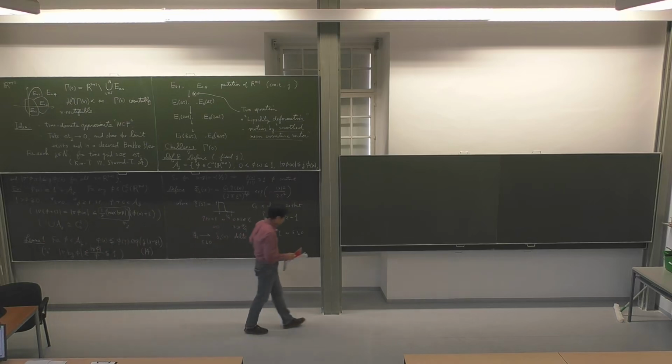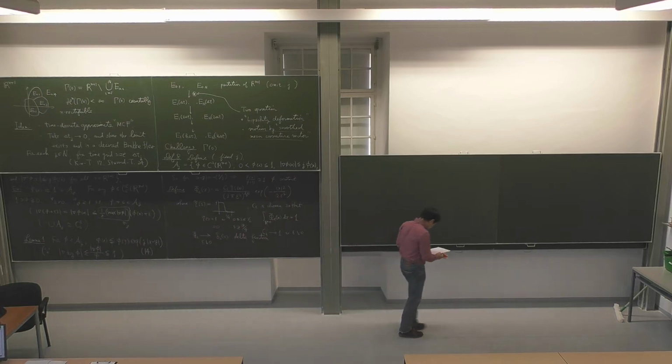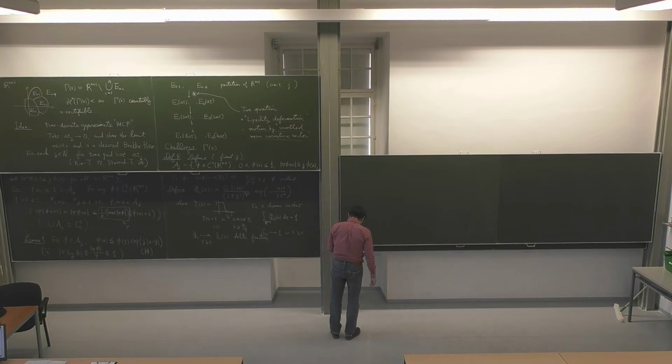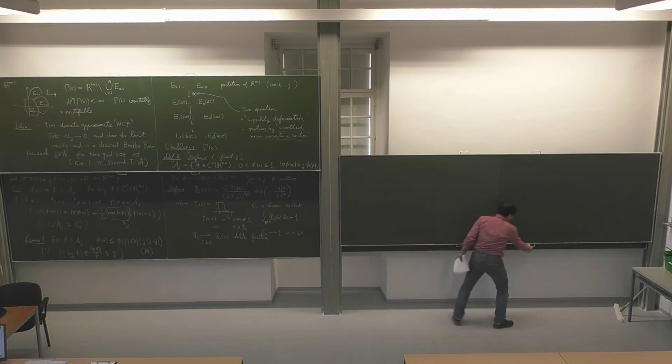Now, I need all these, and the next thing is the introduction of this approximate mean curvature vector. But before I do this, maybe I should point out a few things.